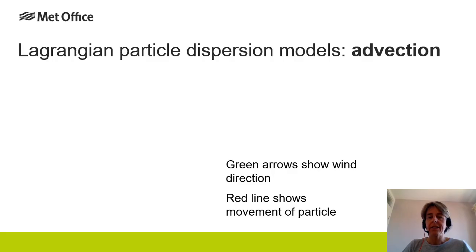Let's start by considering purely advection due to the mean ambient wind. Imagine we have a particle located here at 0900 hours. We can interrogate the input NWP data to determine the mean ambient wind at this point in space and time. This is shown here using this green arrow, the length of which signifies the wind speed and the direction, the wind direction.